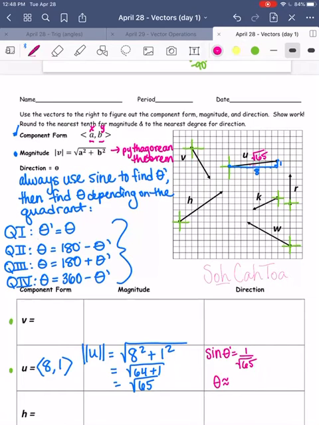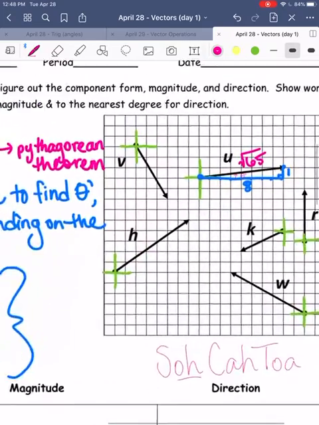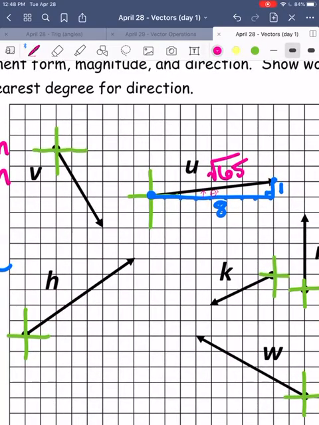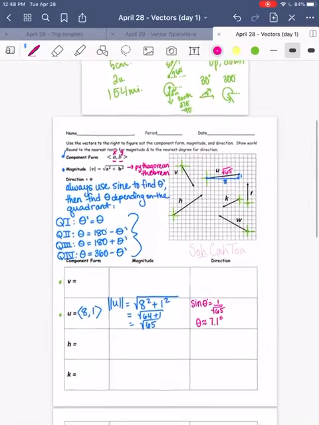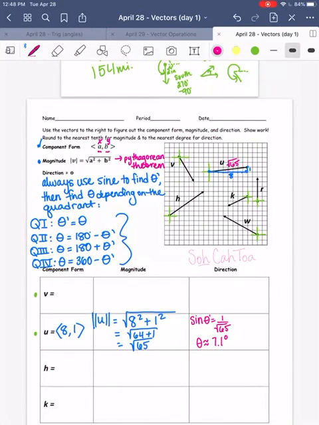We're not going to. We're going to leave it in, and then to the nearest degree. Let's do tenths just to be clear: 7.1 degrees. Now, does that make sense? Does this look like it's about 7 degrees? The answer is yes, it's very small. So there's our answer. The magnitude of this vector is root 65 units, and the direction is 7.1 degrees.